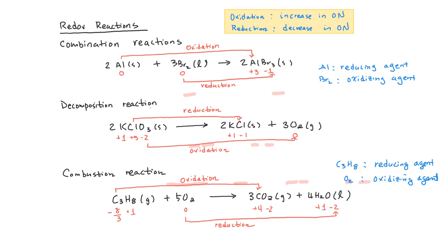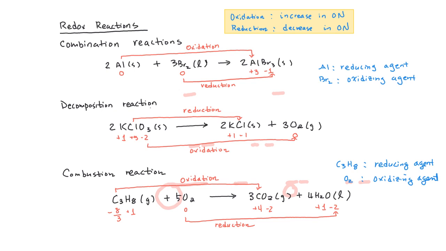So now when you look at the oxidation number change of carbon, you can see that the oxidation number has increased from -8/3 to +4. We can say that the carbon underwent an oxidation reaction. On the other hand, the oxidation number of oxygen has decreased from 0 to -2.